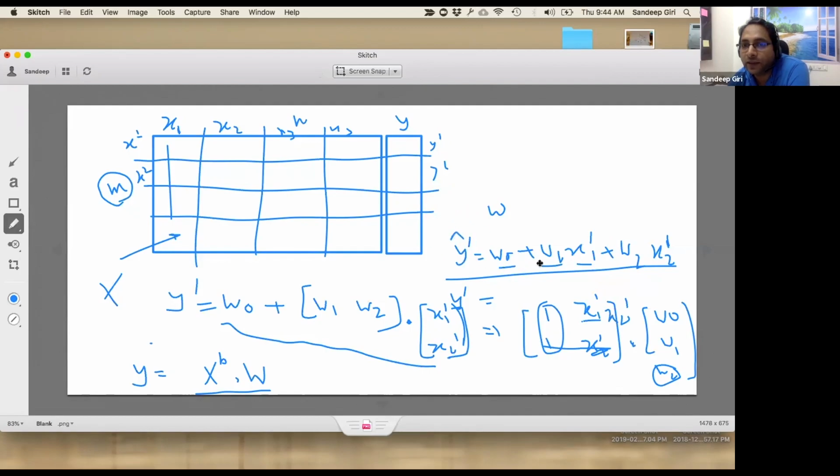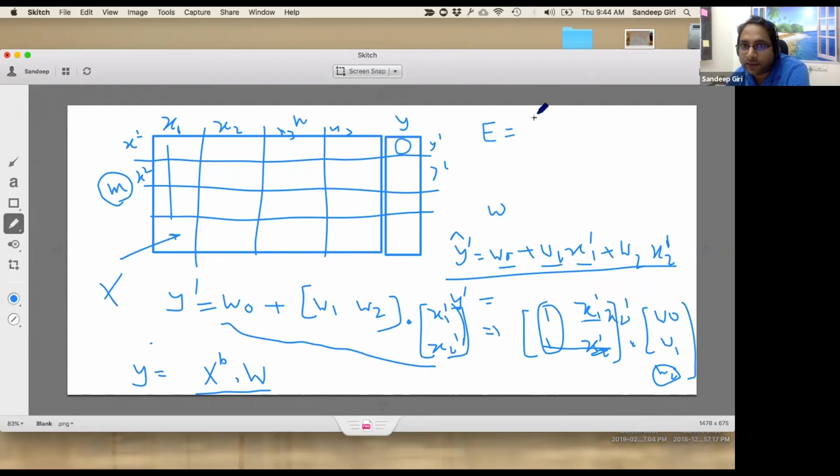Initially all these weights will be random, and then we'll start tweaking them. Right now we don't know their values, so we want to figure out those values. First thing we're going to do is compute the error. How much is the error between this and this? That is called the error, right, between these two.